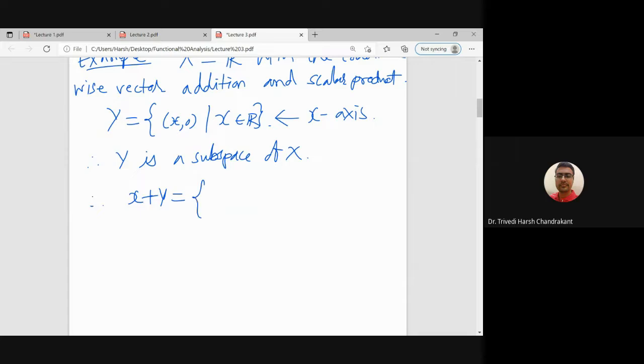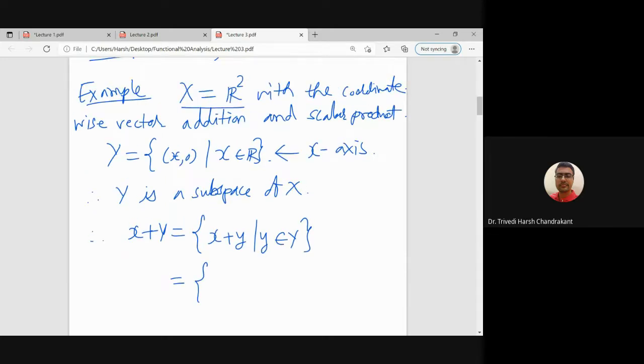So X means here an element of R2, so X1. So what is this? This is basically X plus Y, where Y is in capital Y. So what is X? X means an element of R2.